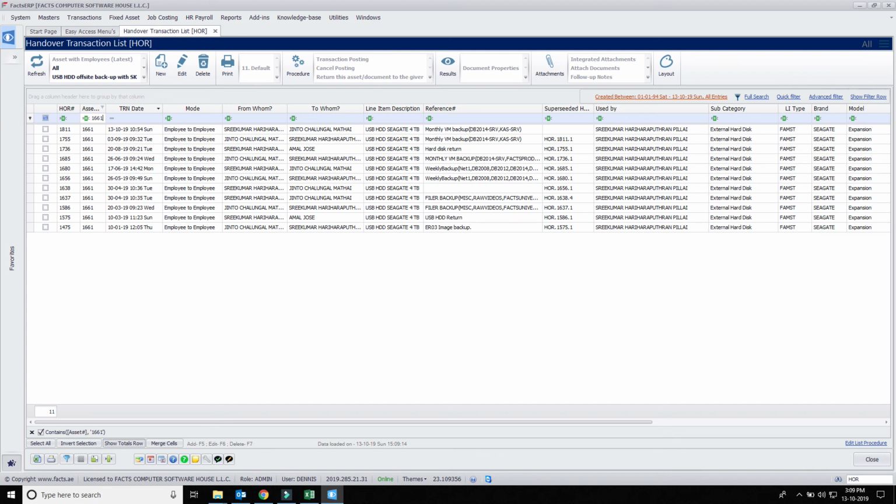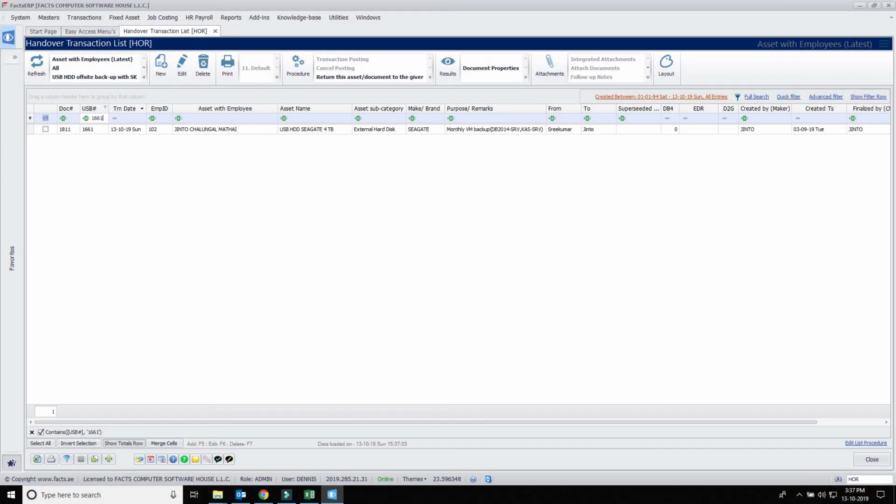That's right. So this kind of mistake also gets notified from the handover transaction. In the handover transaction, at any point of time, we can easily find out which employee has the asset, where it lies, because this will be the LIFO transaction. The last transaction tells us with whom it is.